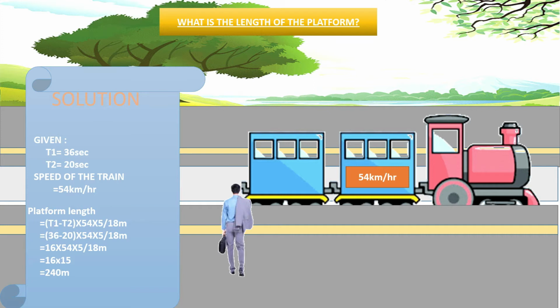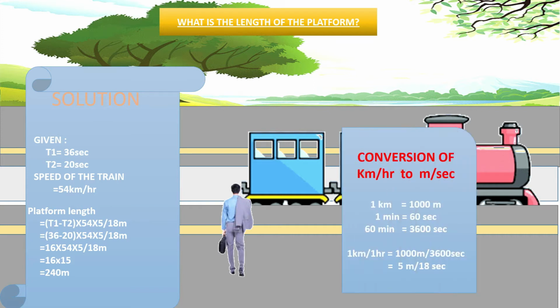Before that, I am going to explain how to convert kilometer per hour into meter per second. Already we know 1 kilometer is equal to 1000 meter, and 1 minute is equal to 60 seconds. Therefore, 60 minutes is equal to 60 into 60, that is 3600 seconds.